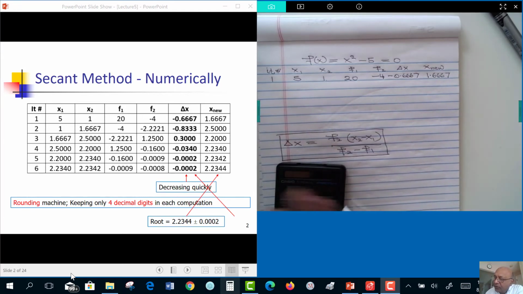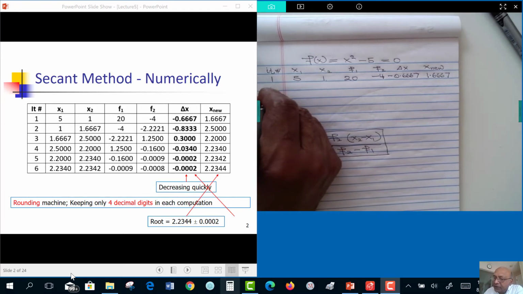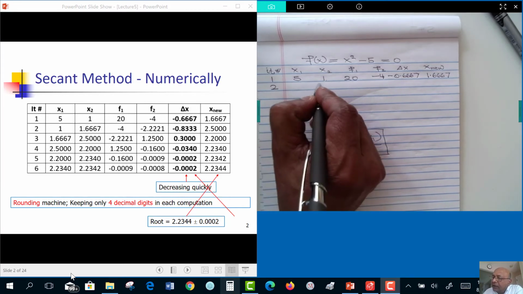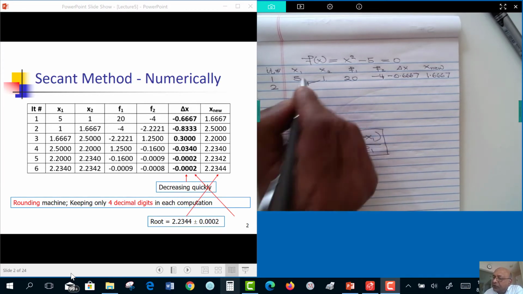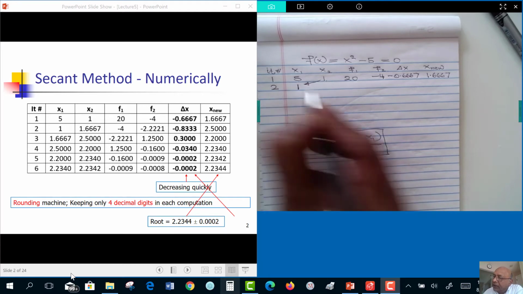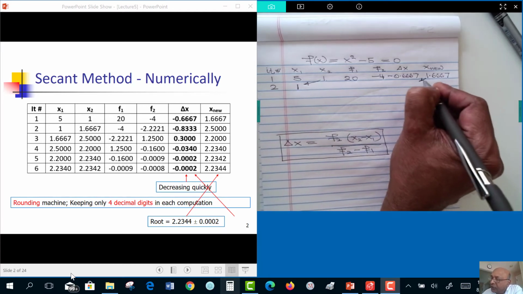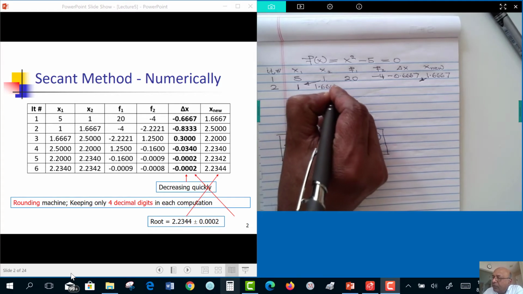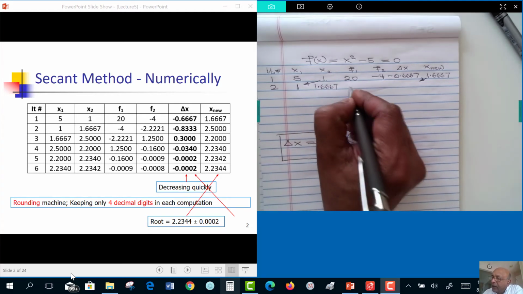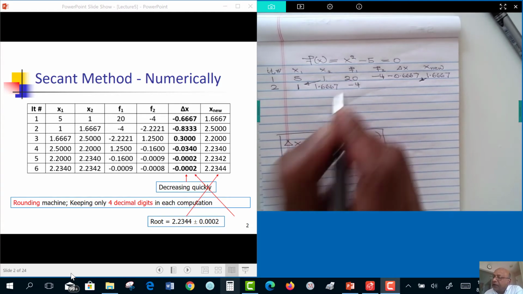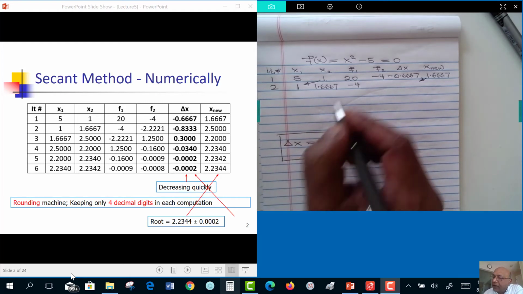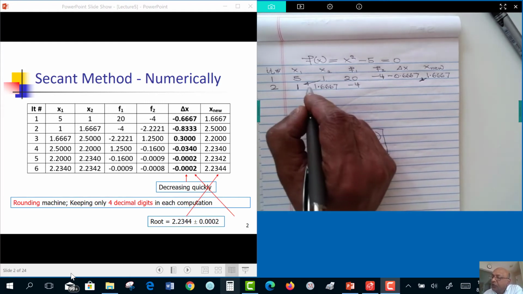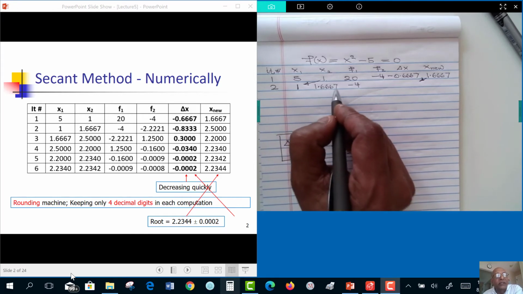So now what we do is, when we go to the second iteration, this 1, which was x2, becomes our x1, and this x new becomes our x2. So we have our function value, and we calculate new function value at 1.6667.